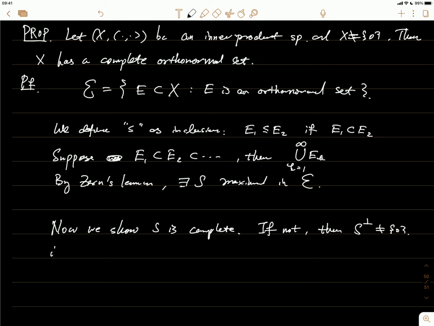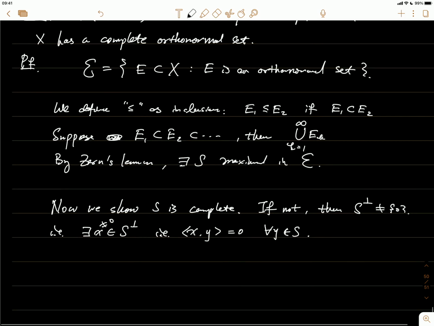That means there exists some X in S perp, but X is not 0. Being in S perp means that the inner product of X with Y is equal to 0 for any Y in S.